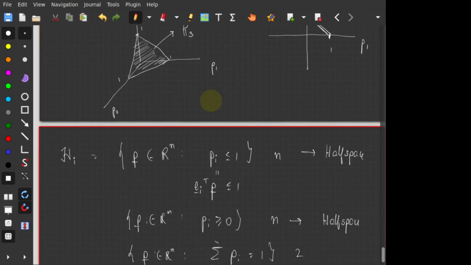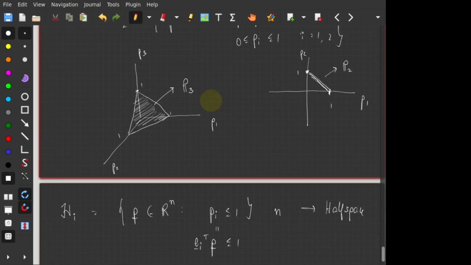Let's look at just R2. So p1 less than or equal to 1: the set of all vectors p for which p1 is less than or equal to 1. It's the set of all points which lie to the left of this. Similarly, the second constraint says it's the set of all points less than or equal to this. The third constraint says it should be to the right of the p2 axis.